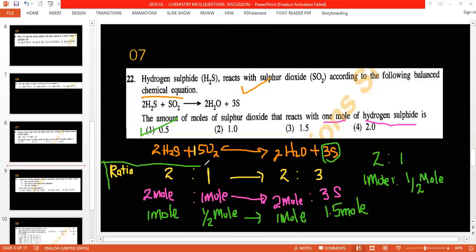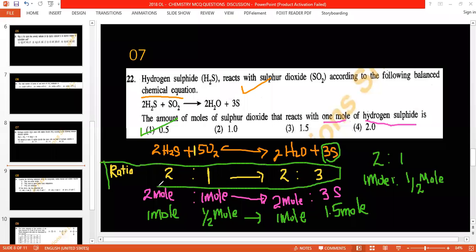Ratio. This ratio is very important. Whatever the question, it is very important. If they give a balanced equation, then fine. If they don't balance it, you should balance it, right? So please understand the concept.